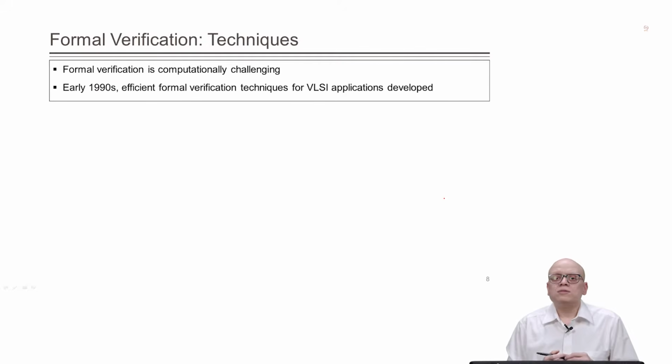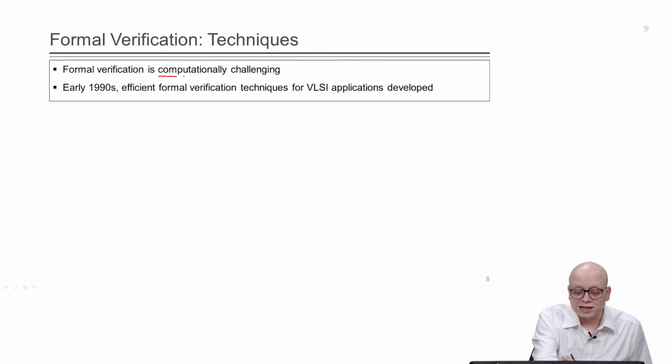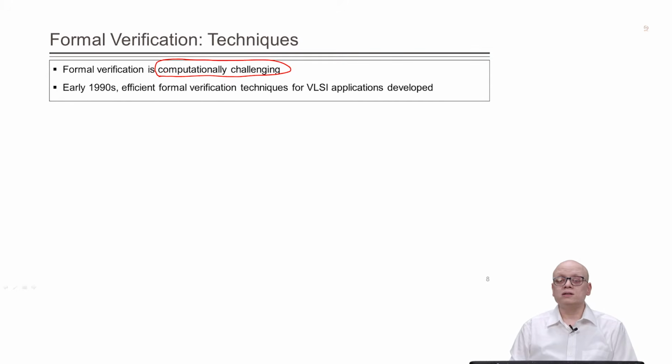Now we have understood the basic difference between the mechanism of simulation based verification and formal verification. An important thing about formal verification is that it is computationally very challenging. Why? Because establishing a mathematical proof is not an easy problem.